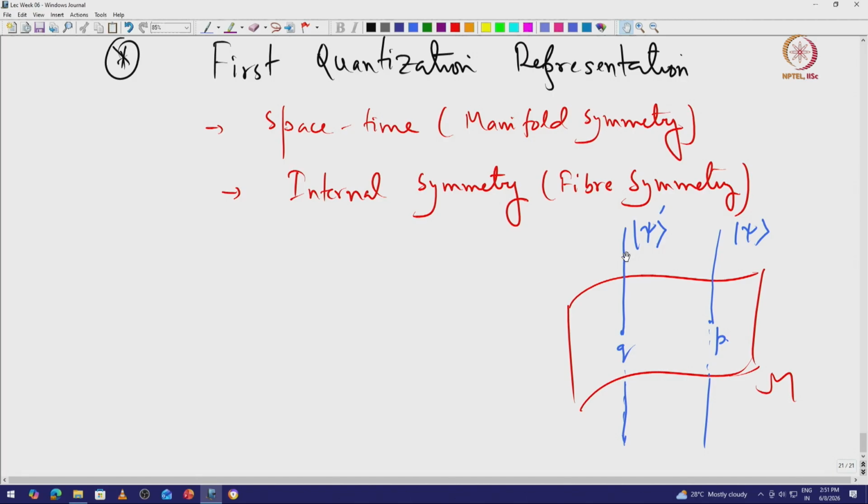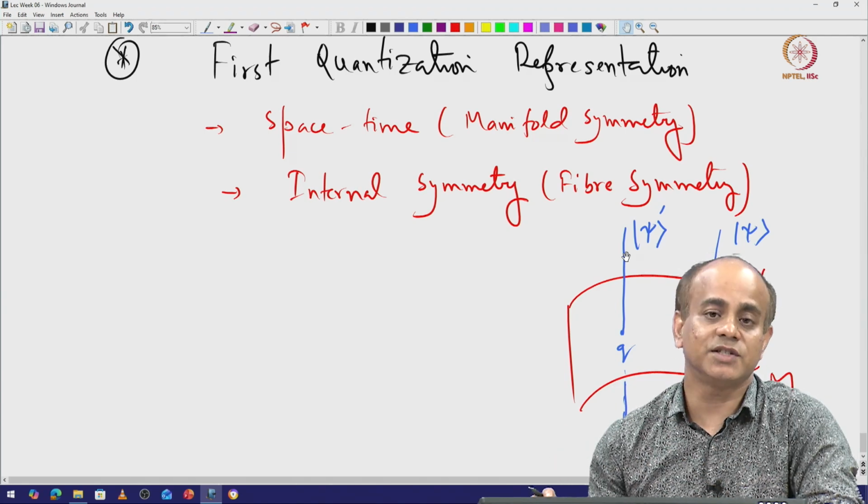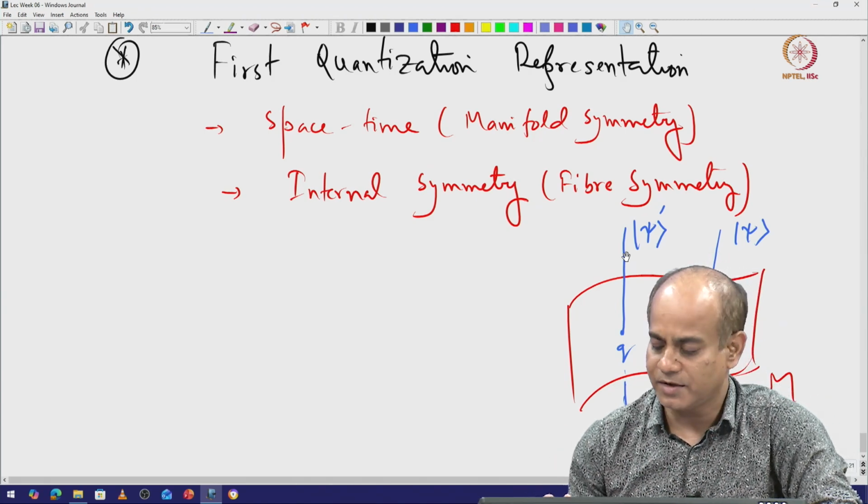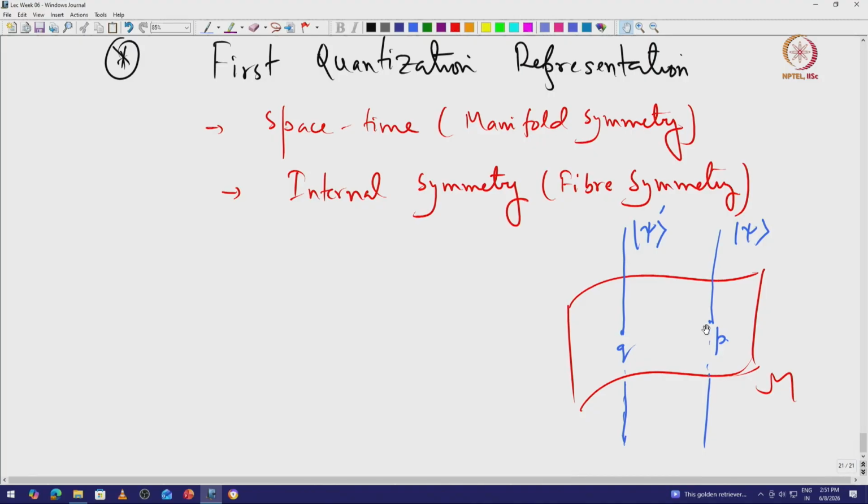So, as you make some changes, if you have an SU2 symmetry, when we talk about spin, we will see that as you make some rotations in the spin, then nothing changes. So, that will be the internal symmetry. But even if I make a space-time symmetry, changes from P to Q base point, how the state in this spatial transformation also changes, there will also be a representation of that symmetry for the fiber.